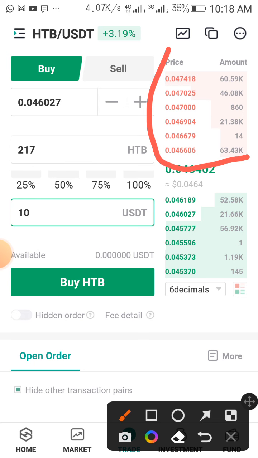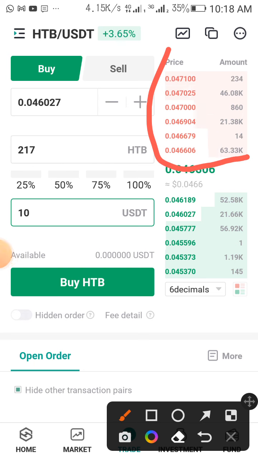I'll select the rate. Then another thing to check is if the person has the quantity I'm looking for, like I want to buy $10 worth.